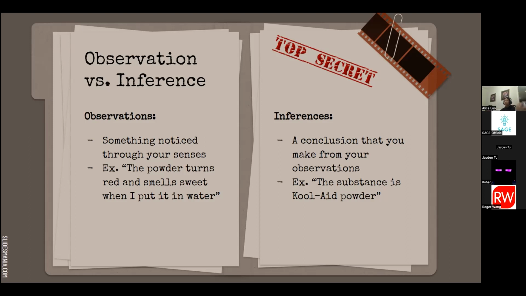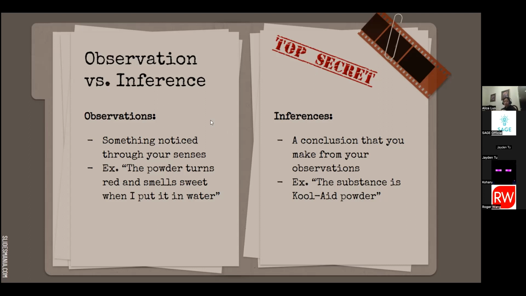For example, the substance is Kool-Aid powder because it turns red and smells sweet, right? For this one, an inference I can make from my observation is that somebody, aka me, doesn't know how to open icebreakers. And I'm also quite impatient because I just ripped it off.